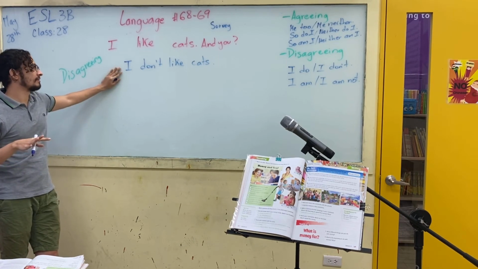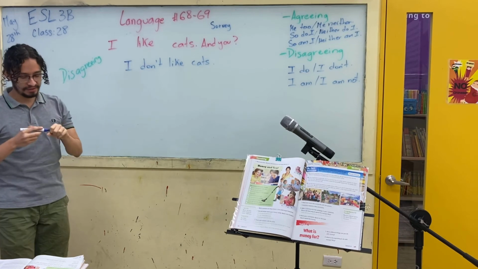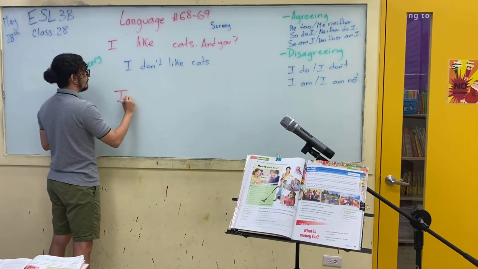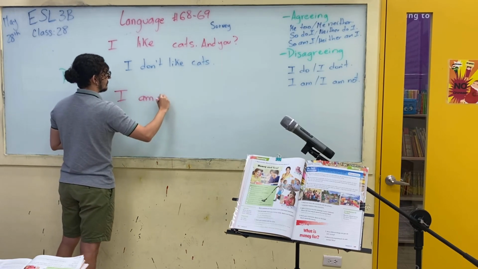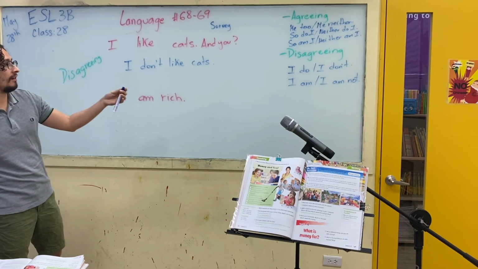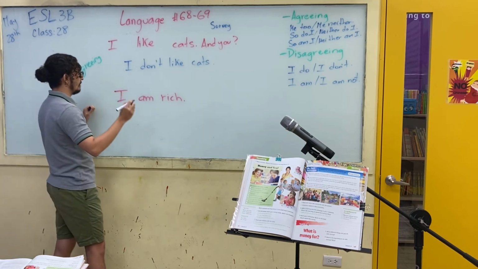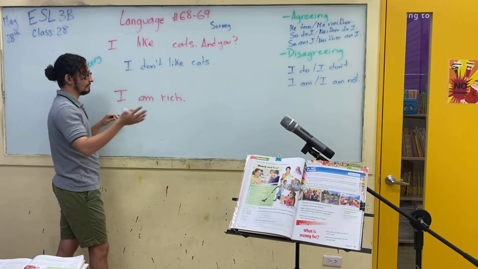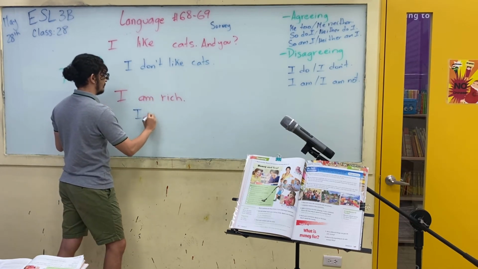Or you can also, for the next one, like the ones we were doing before, like what if I say, I am rich? So if you take a look there, I hope you can find it. If I say, I am rich, how do you disagree? Well, you can say, I am not.